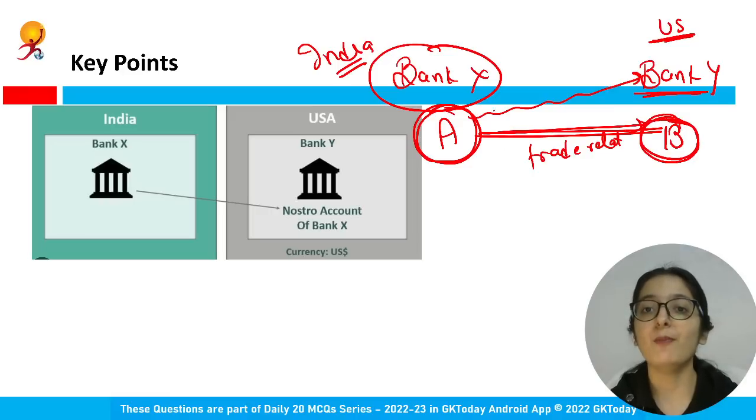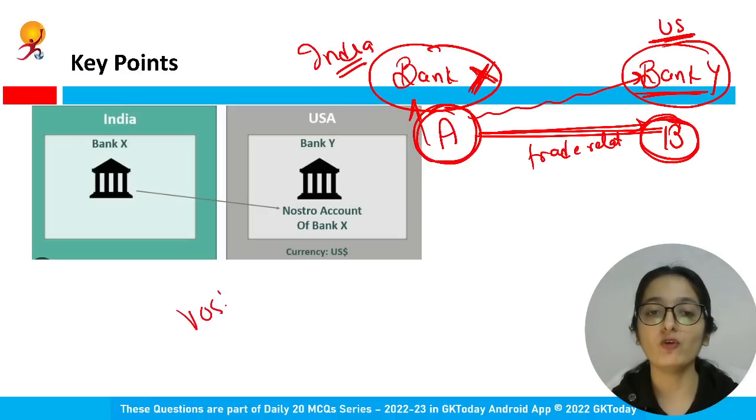For this, bank X, where person A has an account, says to bank Y, okay, now what will we do? See, there comes the concept of vostro and nostro account.